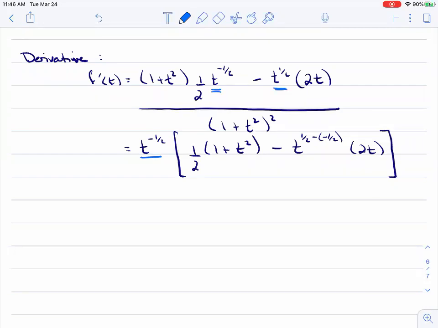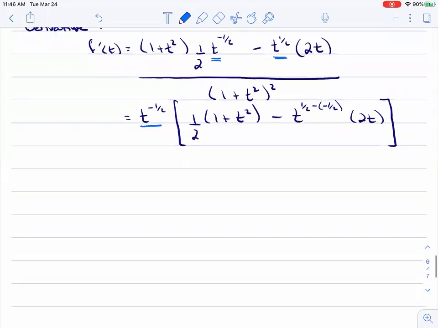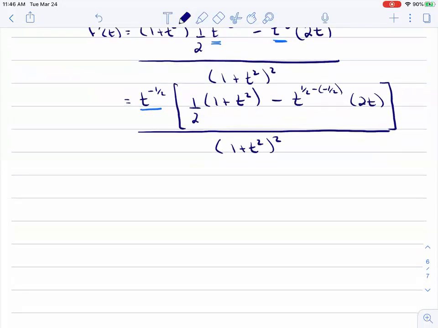So what I get here when I factor out a t to the negative 1/2, all over 1 plus t squared, squared, is t to the negative 1/2 times 1/2 times 1 plus t squared, minus, and t to the 1/2 minus negative 1/2 is just t, times 2t.